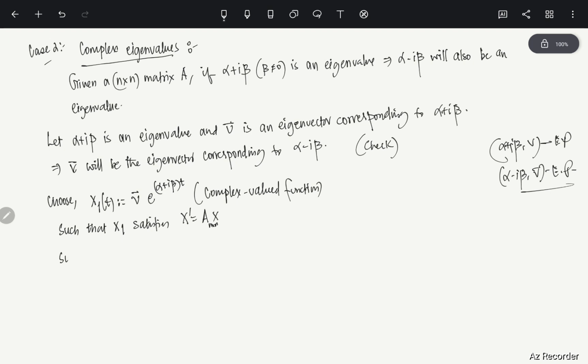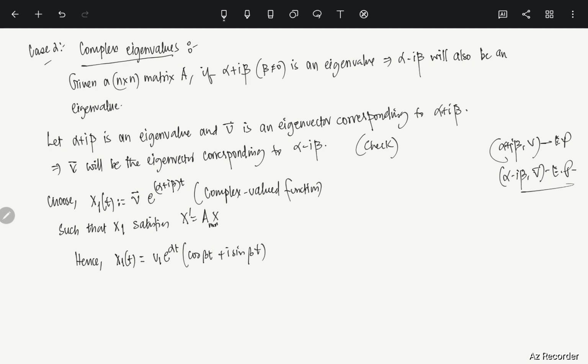Okay, so now x2 of t, if we define x2 of t, let us put it this way. Hence x1 of t is v1 e power alpha t, cosine beta t plus I sine beta t.